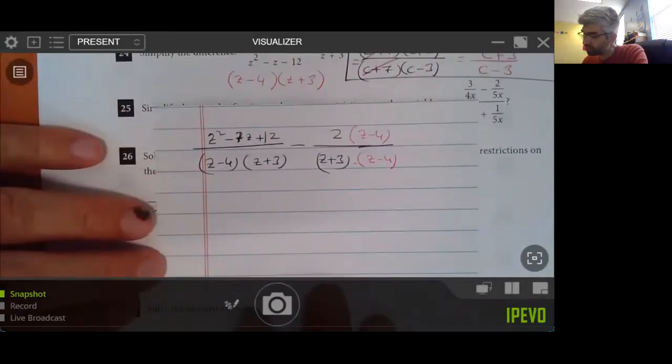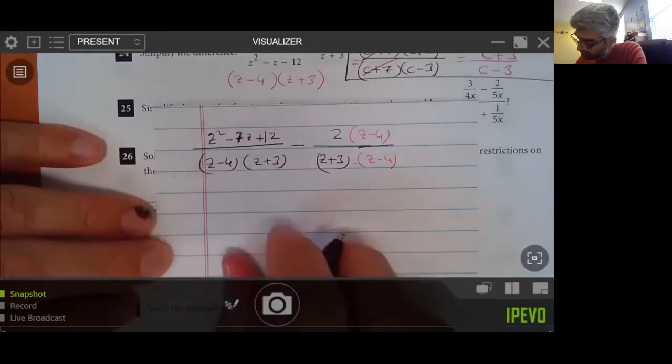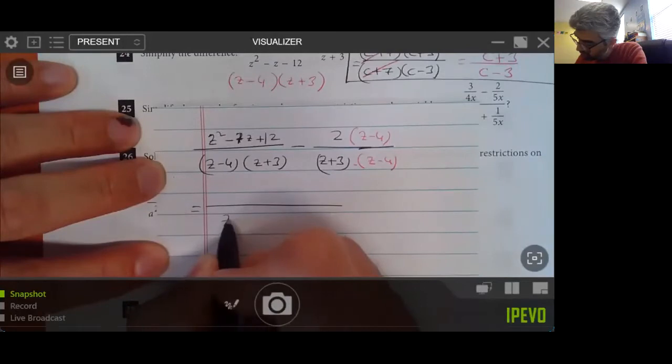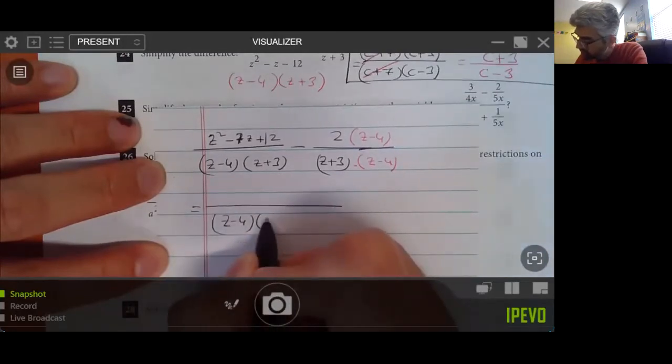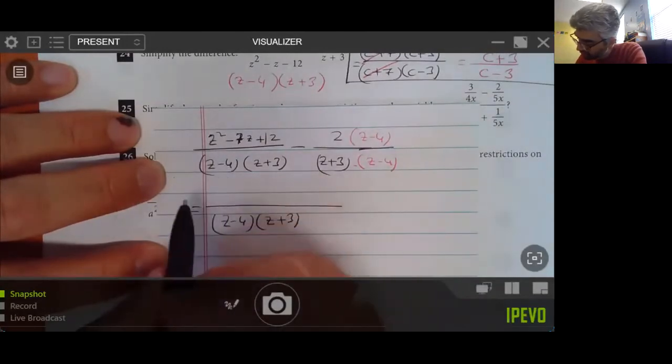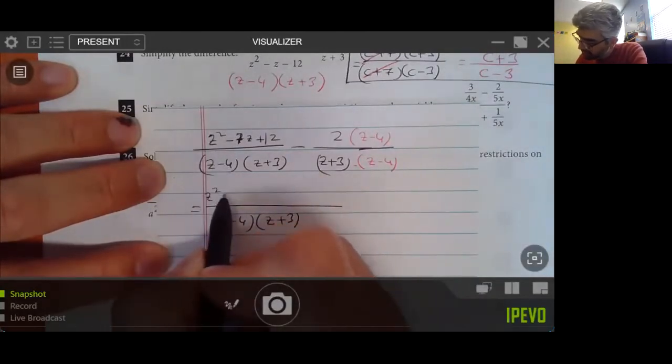And okay, now I have the common denominator equals common denominator I write here just once. Z minus 4, z plus 3. So here I have z squared.